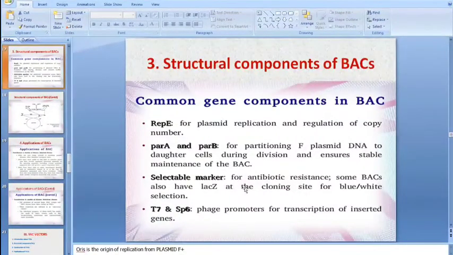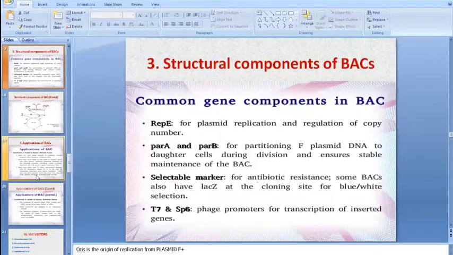All these parts have been taken from the plasmids. And there is another site, called the T7 and SP6 phage promoter, for transcription of inserted genes. So these are the common components of a BAC.